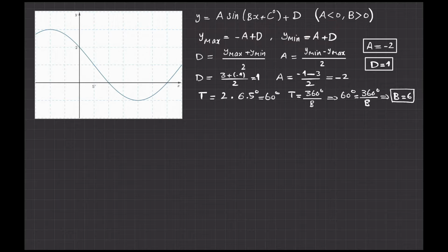Okay? Now I put these constants into my function. y becomes -2 sine (6x plus c) degrees, and then I have d equals to 1. Okay, now, in order to find c, I have to compare this function with the standard trigonometric function.